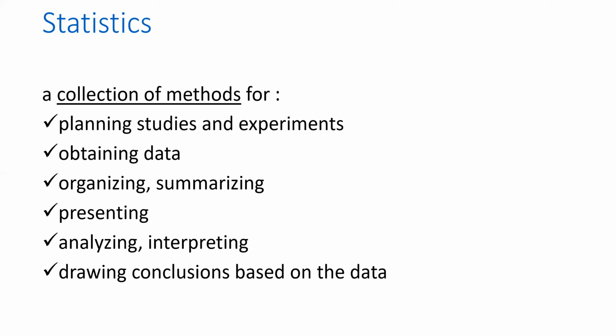So far, we talked about two branches, descriptive and inferential. Planning, obtaining data, organizing, summarizing, presenting, all of that is part of descriptive statistics, including analyzing and interpreting. Now, drawing conclusions based on the data, that's inferential statistics.